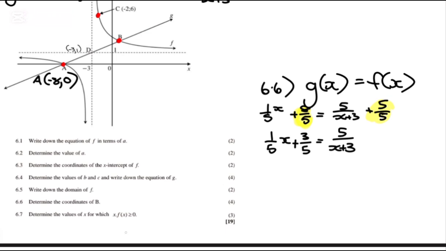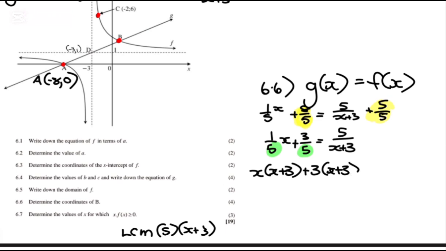The LCM at the moment is 5 and x plus 3. So now I just need to rectify my numerators. The first term over here, I had a 5, and this one I have 5, so both of them need the x plus 3, so let's just fix this. This one needs the x plus 3, and this one needs the x plus 3, and my 5 needs the 5. Makes sense? So we're just going to simplify this.